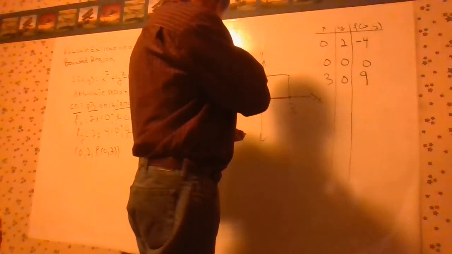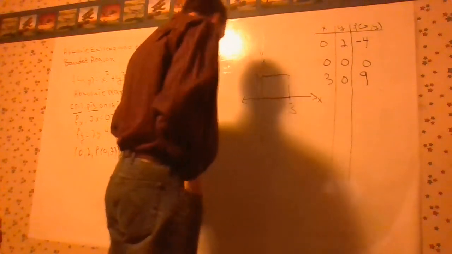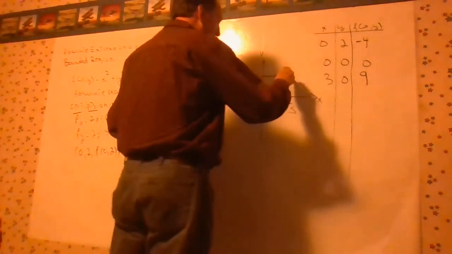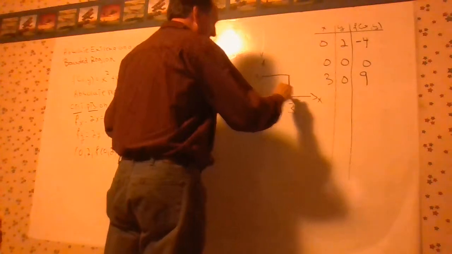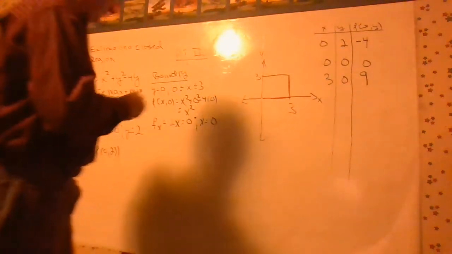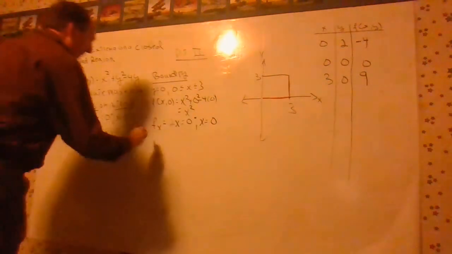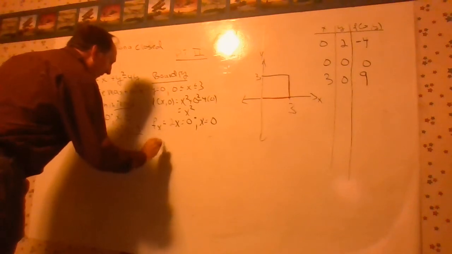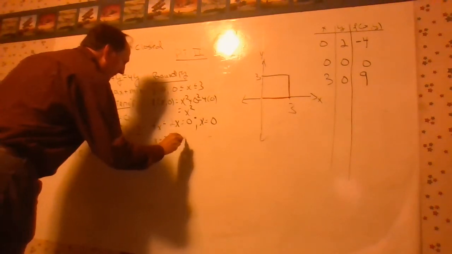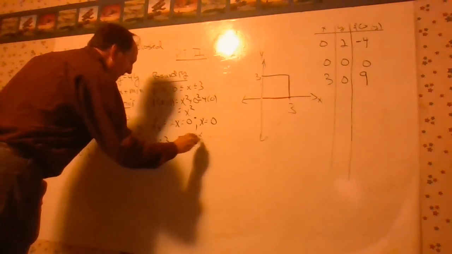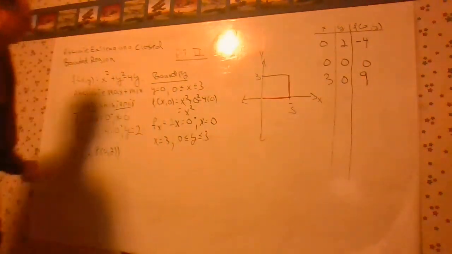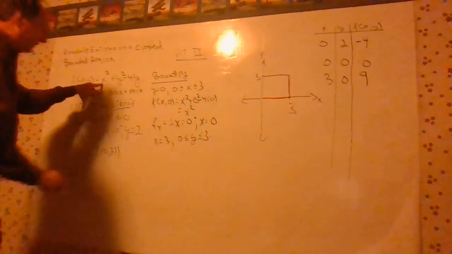And now let's do this part. We're going to go upward. And right there we have x equals 3, and y goes from 0 to 3. If x equals 3, you can plug this in.